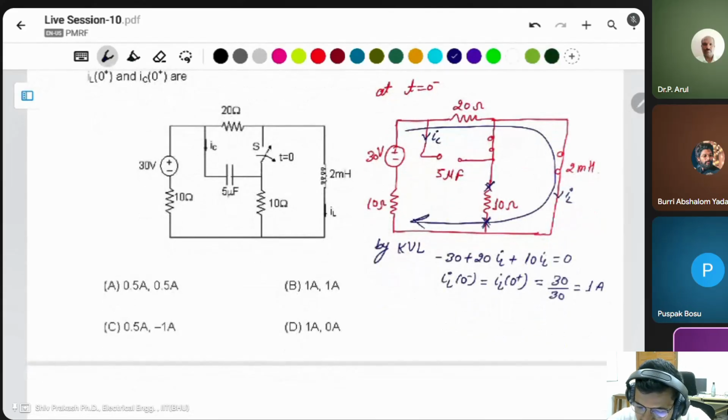Then what is the initial voltage of the capacitor? This is the initial voltage VC(0 minus). You can see this connection is across the 20 ohm resistor. It means the voltage drop across the 20 ohm resistor is the same as the initial voltage of the capacitor.